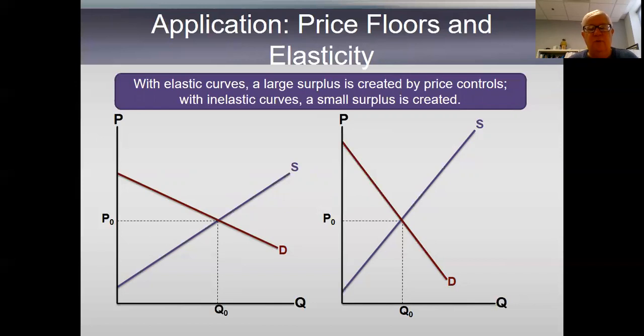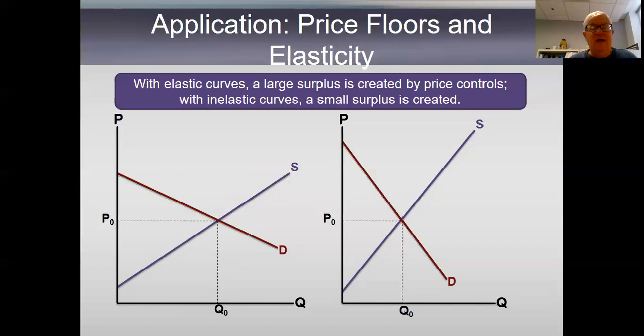So don't confuse that with consumer and producer surplus. So on the left, what do we see? On the left, we see that both demand and supply are fairly elastic. On the right, we see where both supply and demand are steeper and are fairly inelastic.